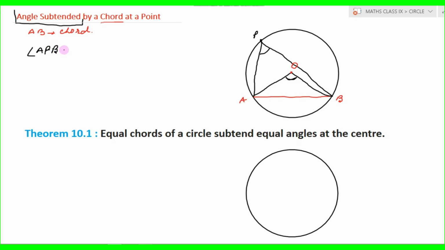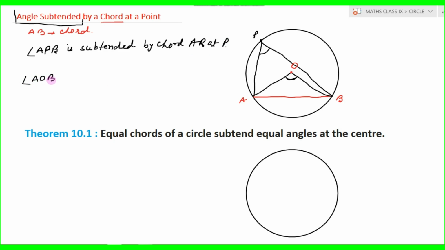angle APB is subtended by chord AB at P. Similarly, we can write angle AOB.